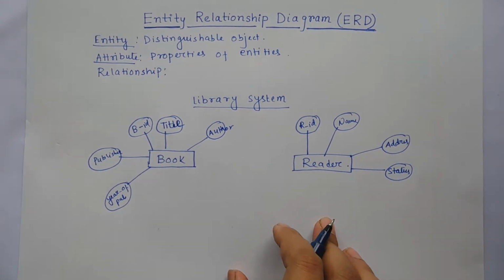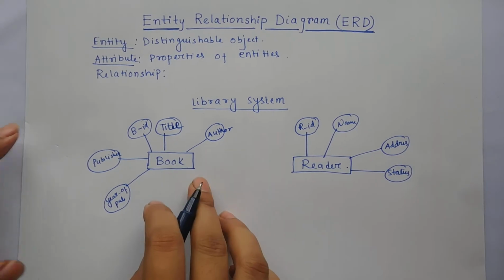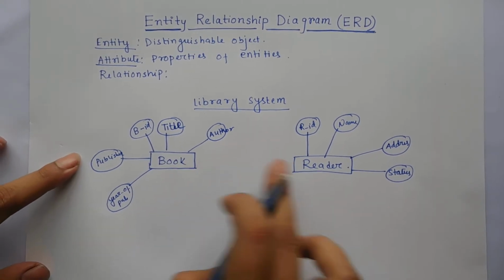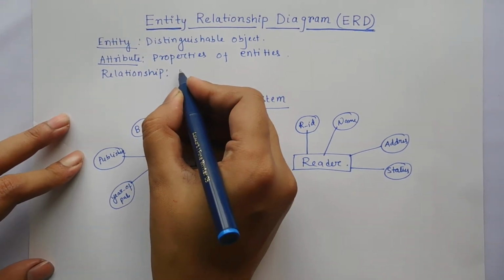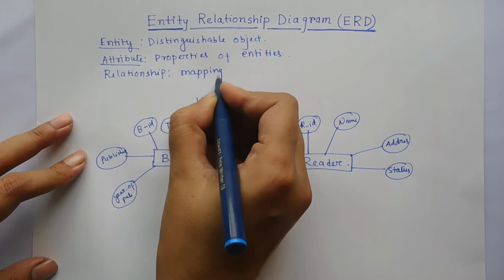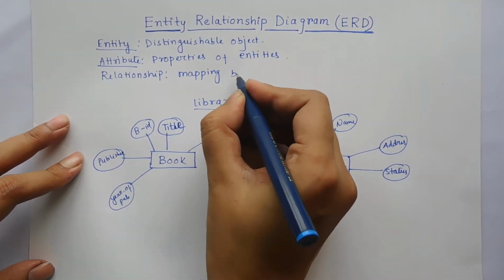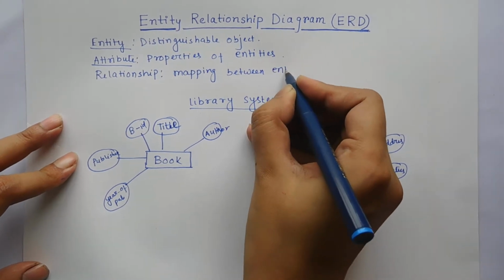Okay. Now the most important thing, that is a relationship or a relation. What does a relation mean? It represents or defines the association or mapping between these two entities. So relationship means mapping between entities.